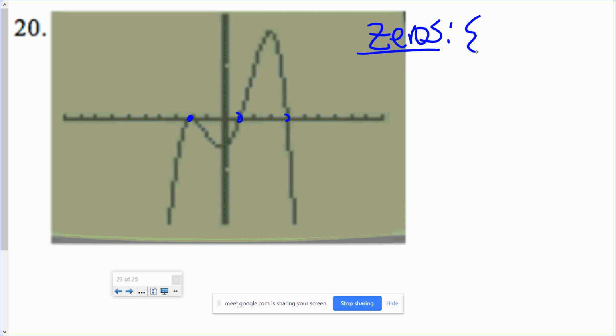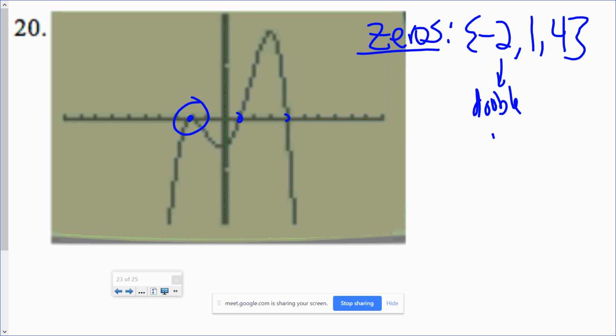So my zeros are negative 2, 1, and 4. But there's something special about one of those zeros. This one bounces off. So we talked about when a zero bounces off, that it's a double root.